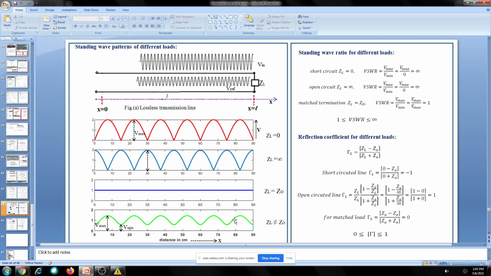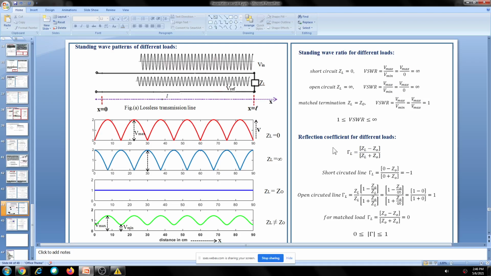From here you can find for short and open it is infinity, very high. Very high means the entire wave will reflect back. If you put a short or an open, the entire wave will reflect back without delivering any power to the load.